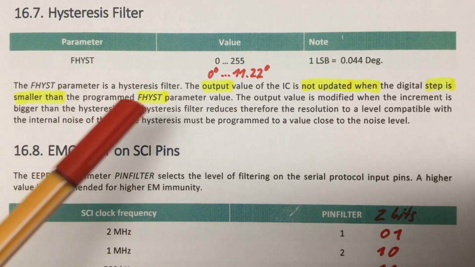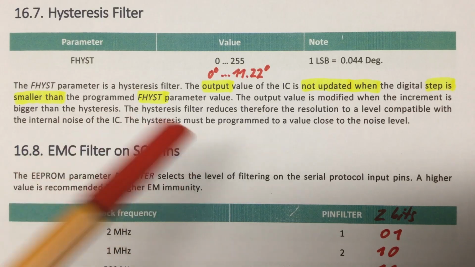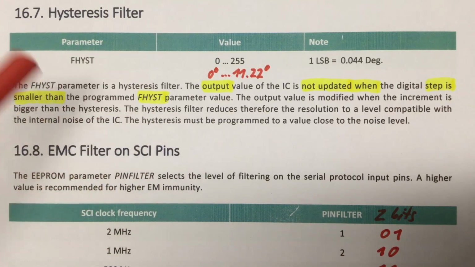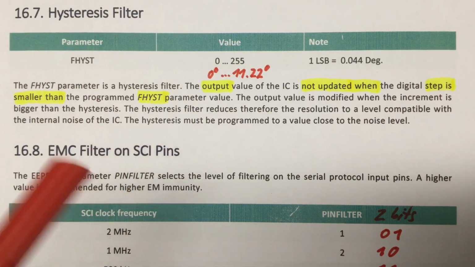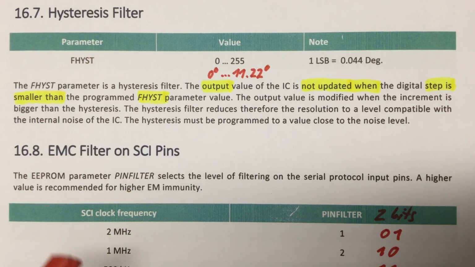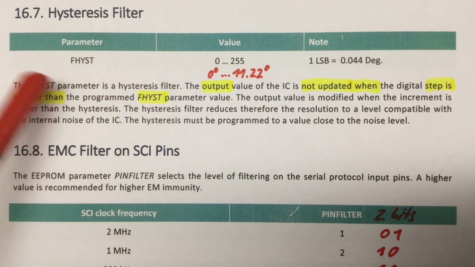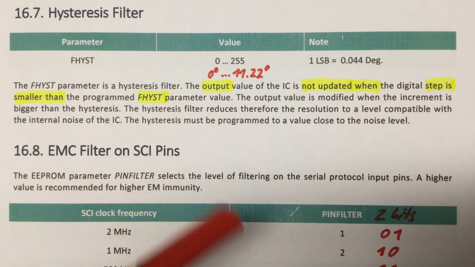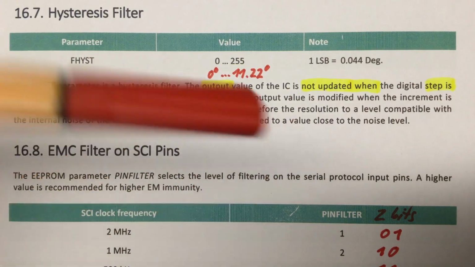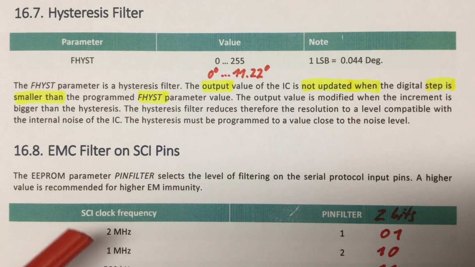However, there is one parameter not specific to 3D, at least not according to the datasheet, which I want to revisit. We already tested that hysteresis filter, FHYST parameter, in video 12. Card here, link in the description.